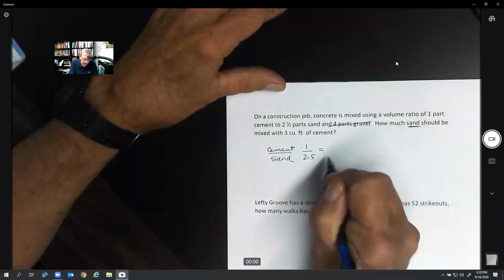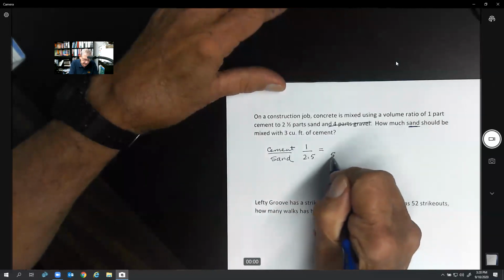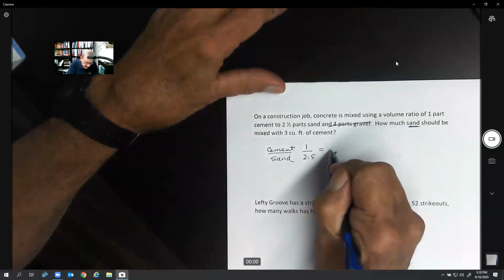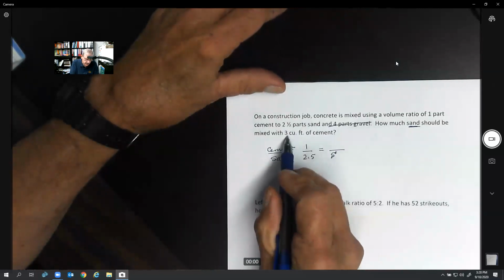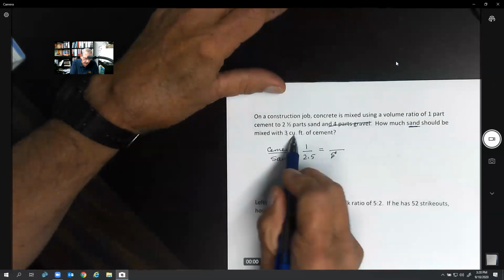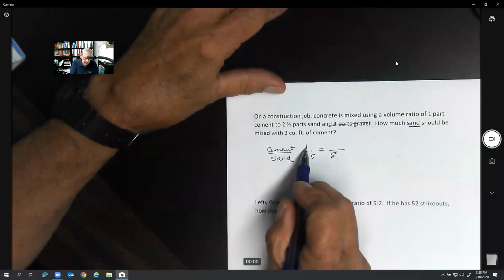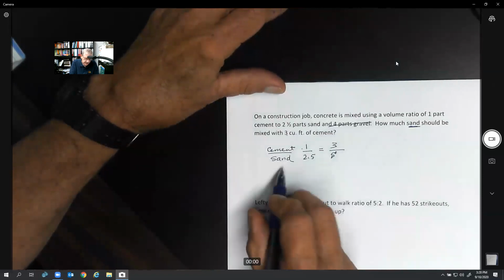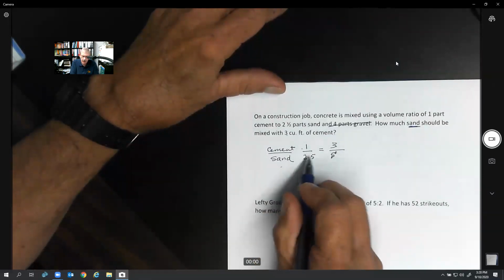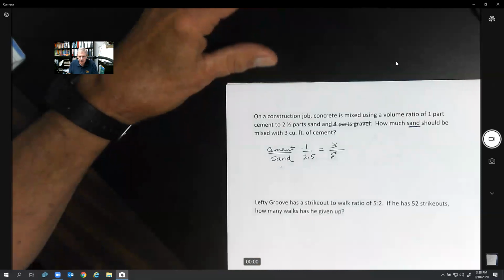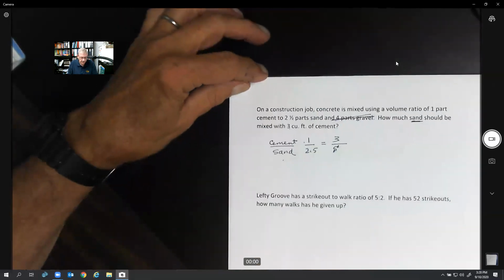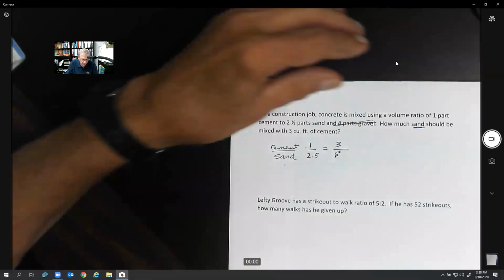So I'm looking for sand on the bottom. Let's put an S for sand. And then on the top, how much cement, 3 cubic feet. So cement on the top, 1, 3, sand on the bottom, 2.5, and that's what we're trying to find. They kind of threw in the gravel, but we're not using it for this particular mix.